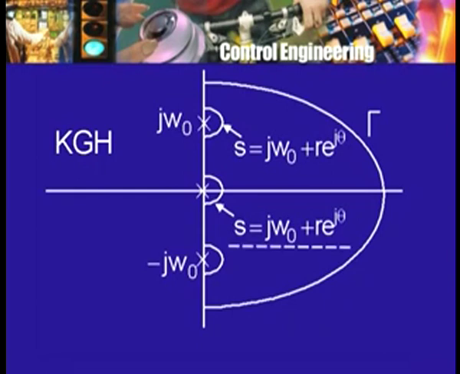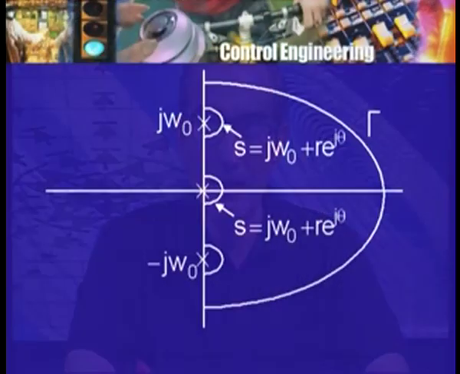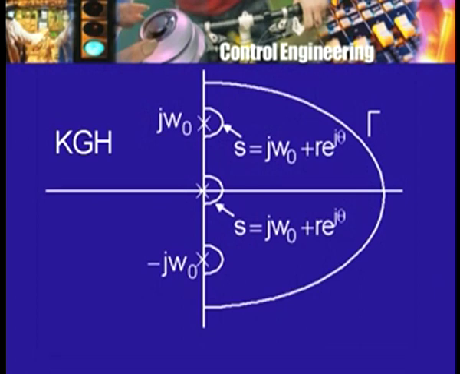So, substitute this in the expression for KGH, and then see what is an approximation to it, considering the fact that r is small. Now, this requires some careful work, and we do not have time to go into all the details, and in any case such examples are very rare, but one should not be at a loss as to what to do when the loop transfer function does have a pair of poles on the j omega axis.